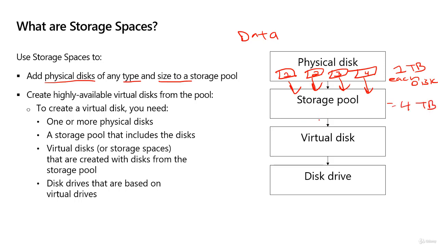So basically you have one big block of space. Now you can configure this however you want. You create a virtual disk and I can size my virtual disk whatever size I want. It could be 4 terabytes or it could be something less than 4 terabytes. Then you create disk drives under that.